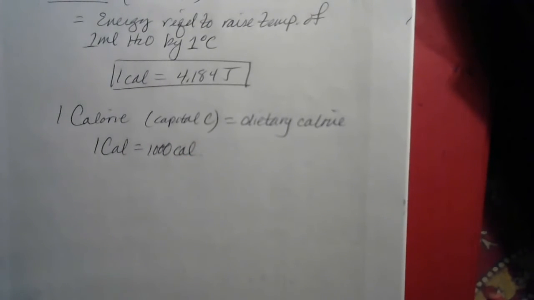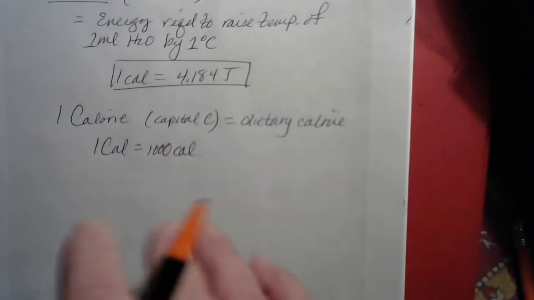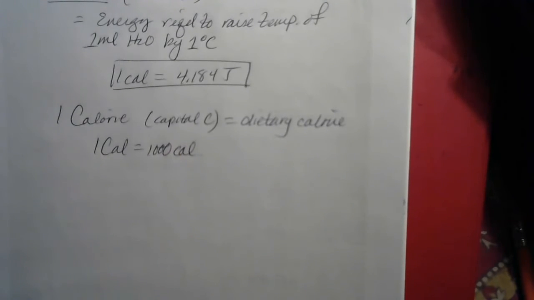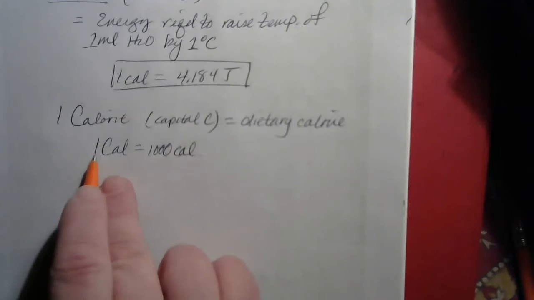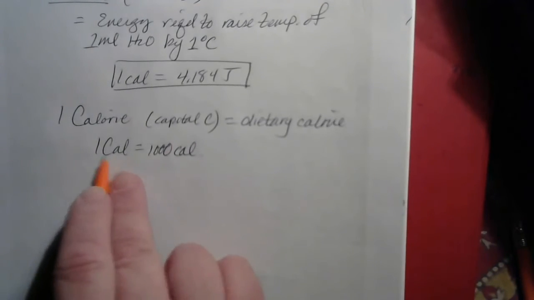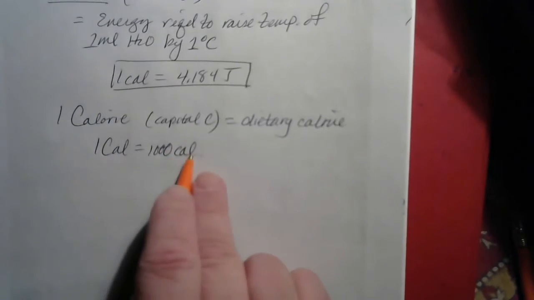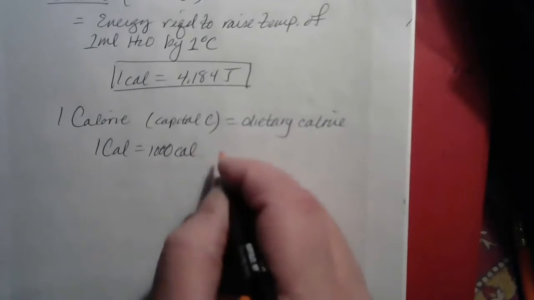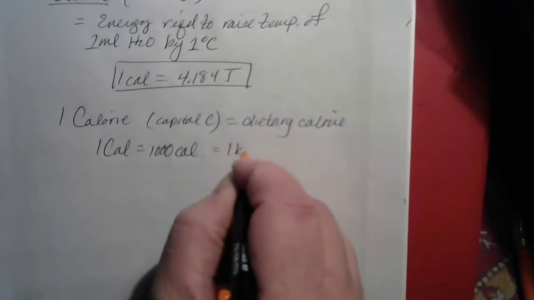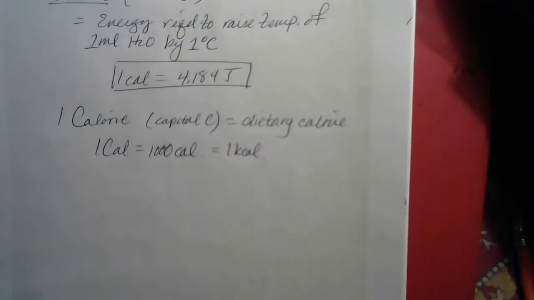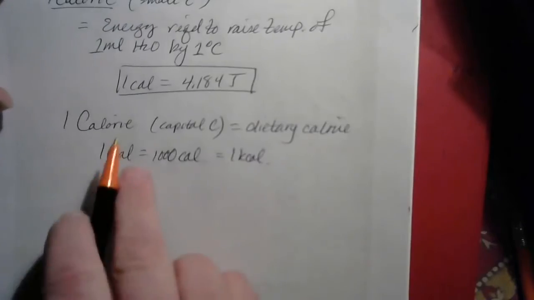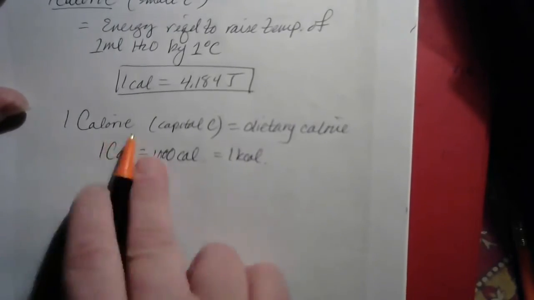So not only would your eyes pop out when you looked at the label, but also you'd end up taking up a lot of space with all those zeros. So essentially one capital C calorie is equal to 1,000 small c calories or 1 kilocalorie. Okay. So that's just another unit that can be used for energies.